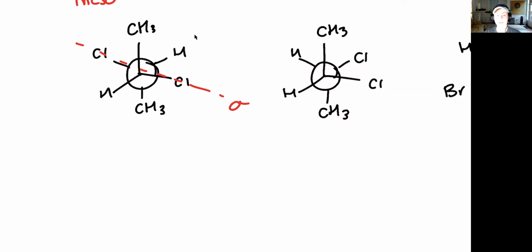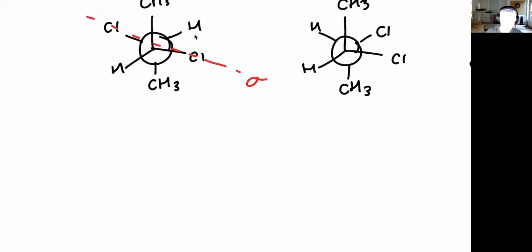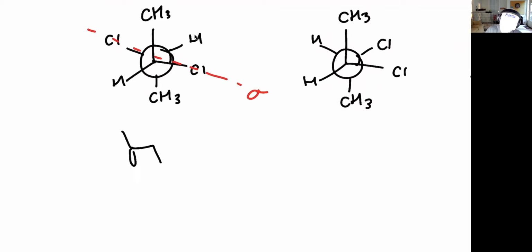I think that in this case, it would be nice to double check with drawing it out in line angle and then maybe rotating or doing something like that to verify. So I would go ahead and do that. And so when we draw out the line angle, let's make this our viewpoint. So we have a chlorine on the right on the front carbon and then a chlorine on the left on the back carbon.